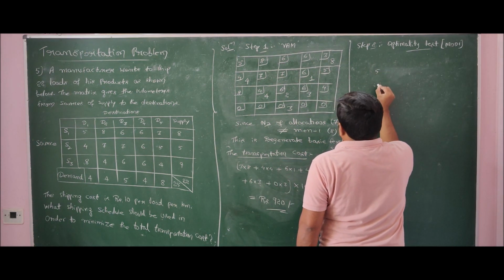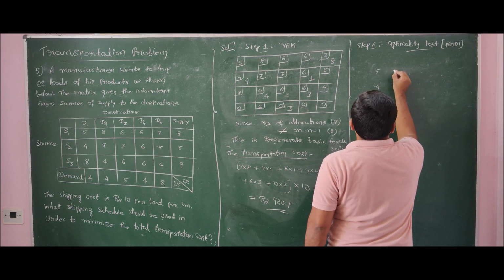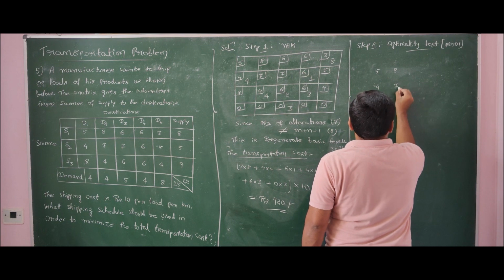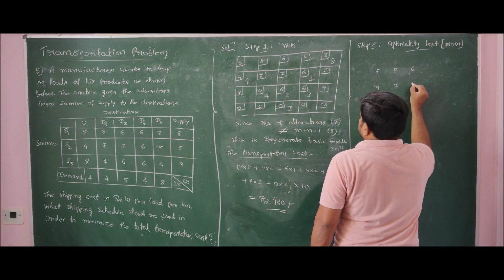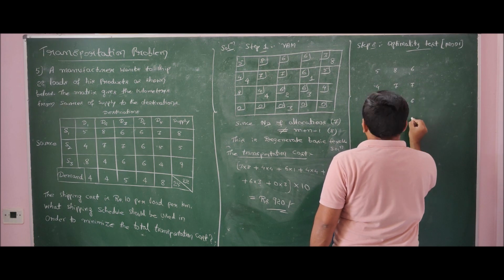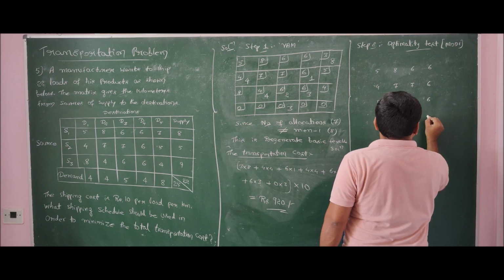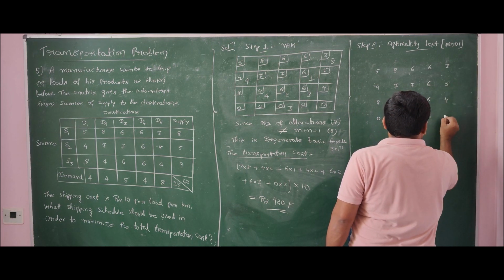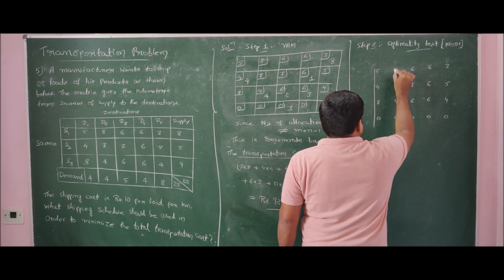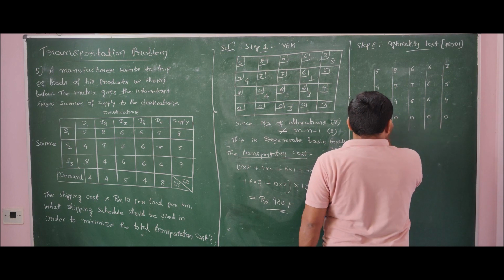We have cost matrix as 5 4 8 0, then we have 8 7 4 0, then we have 6 7 6 0, then we have 6 6 6 0, and then we have 3 5 4 0, right? So this is the cost matrix what I have.